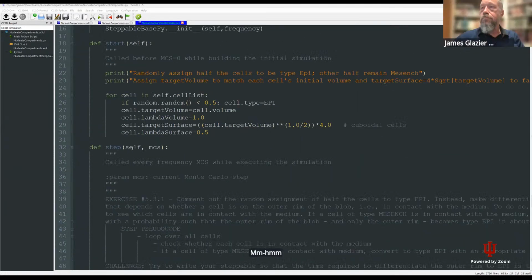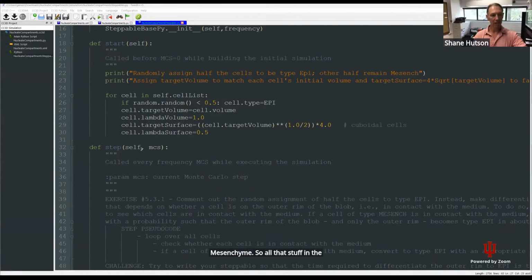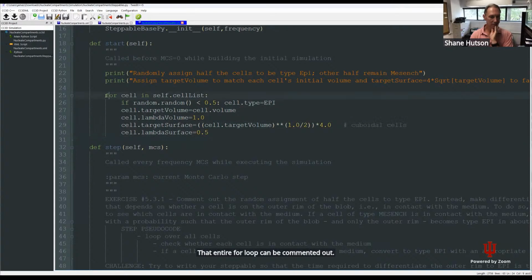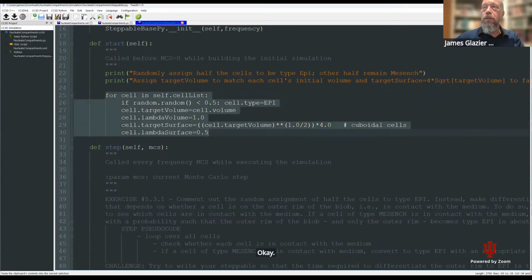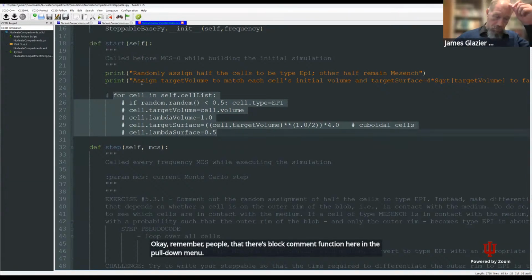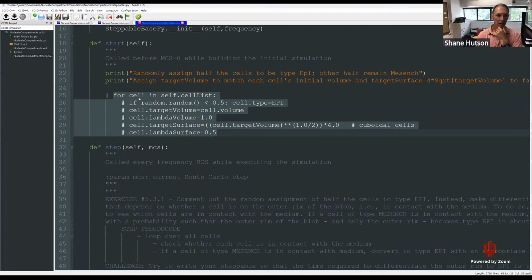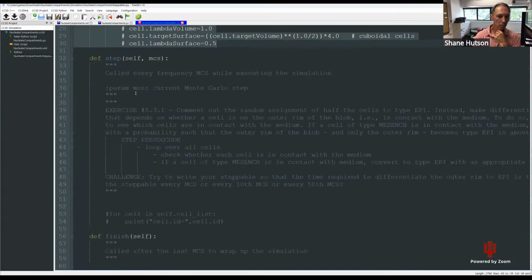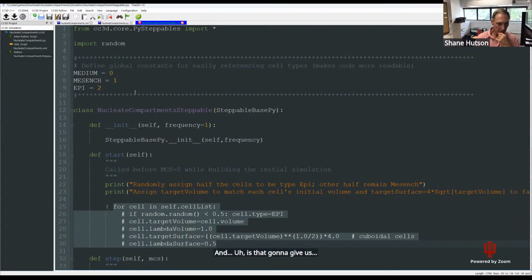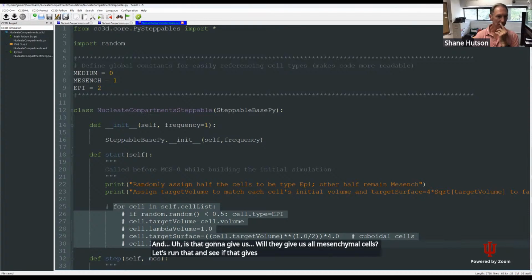So all that stuff in the for cell in self.cell list, that entire for loop can be commented out. Okay, remember people that there's a block comment function here in the pull down menu. Will that give us all mesenchymal cells? Let's run that and see if that gives us all mesenchymal cells. I think it should.